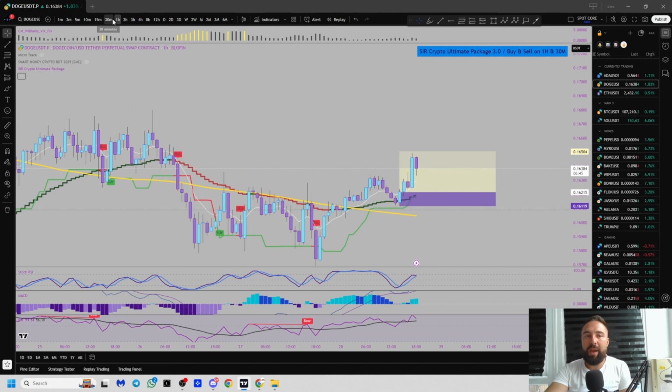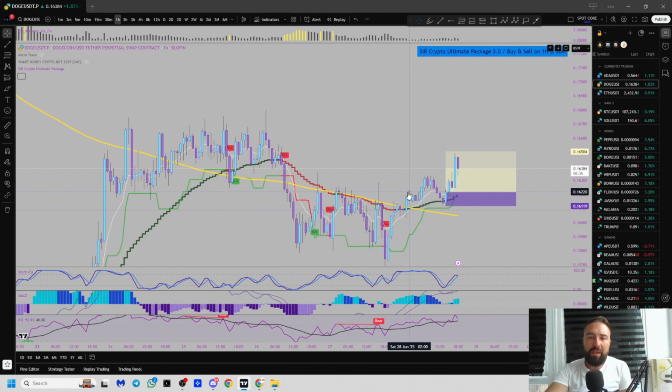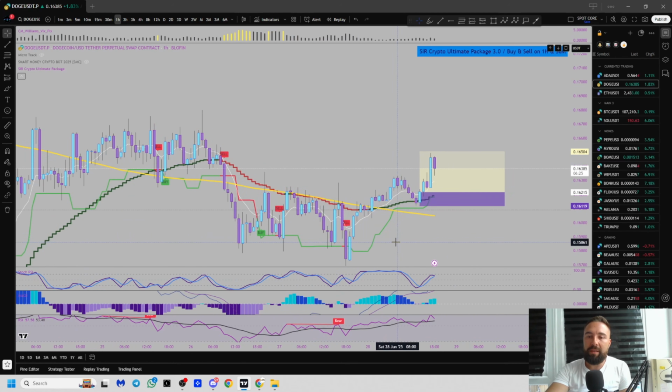If you want to nail the entry, 30 minutes is slightly better because you can enter the trade slightly earlier. 1 hour would be for maybe low leverage trades that you want to catch those bigger moves. But yeah, basically this is it, guys. This is what the indicator does.